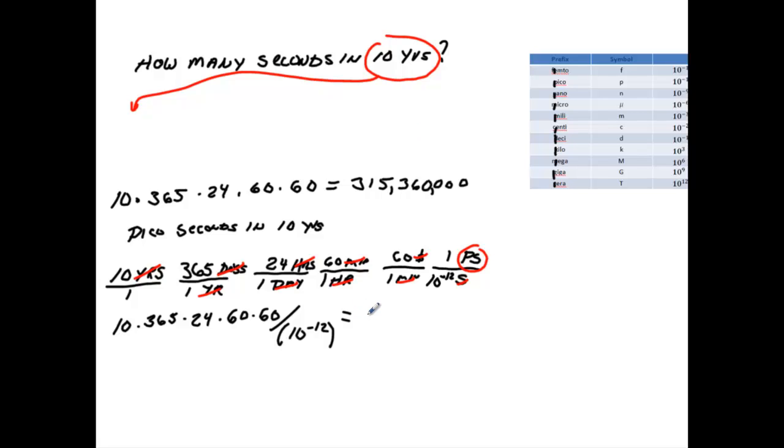This is what you're going to see in your calculator: 31536E20. And what that means is 3.1536 times 10 to the 20th picoseconds. And that would be our correct answer.